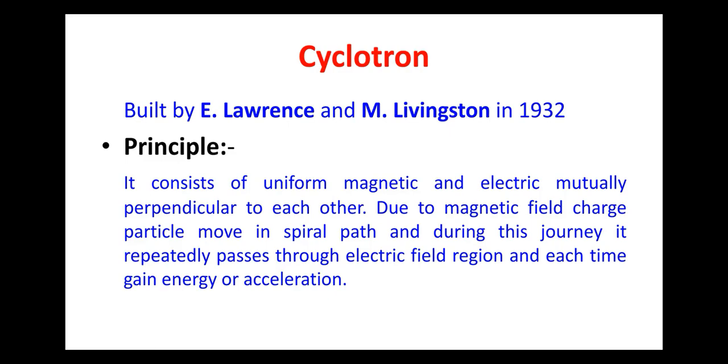The role of the magnetic field is to move the charged particle in a circular or spiral path, and the role of the electric field is to increase its kinetic energy. Due to the magnetic field, the charged particle moves in a spiral path, and during this journey it repeatedly passes through the electric field region, and each time it gains energy and gets accelerated.